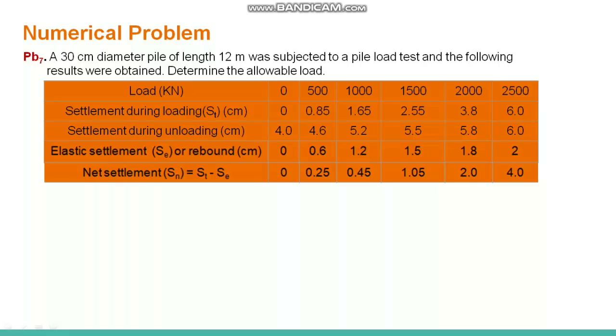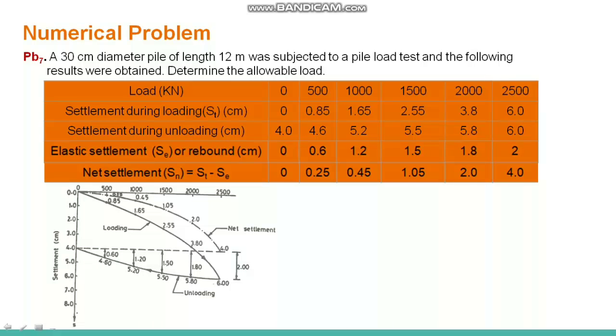Are you getting my point? So now we can draw the net settlement curve. So this is the net settlement curve. Now, after we draw the net settlement curve, what are the three conditions? We are writing all three conditions.